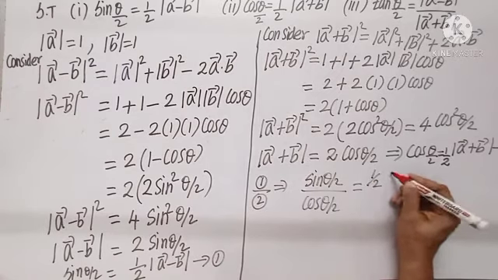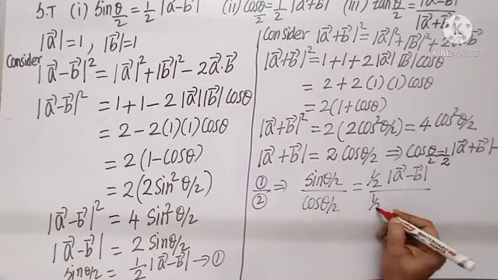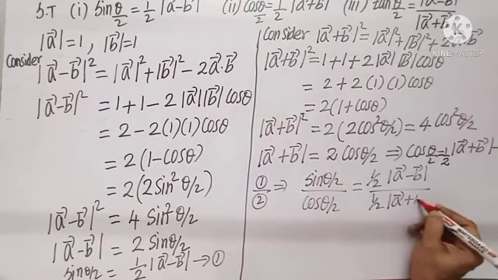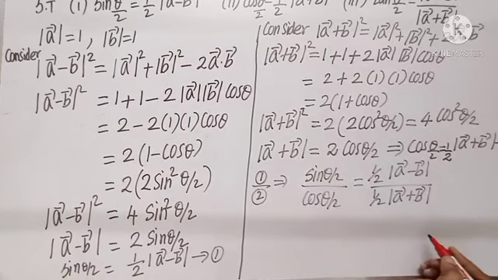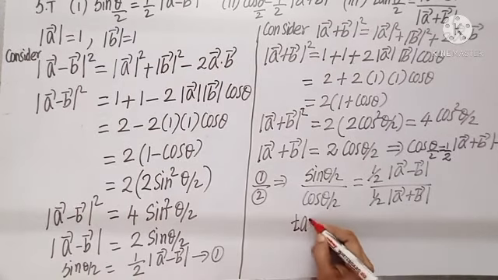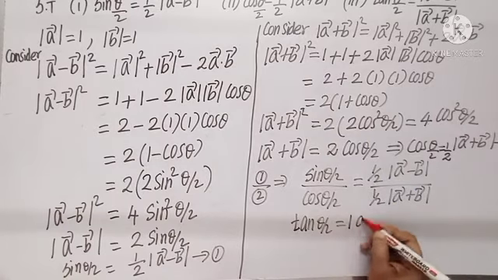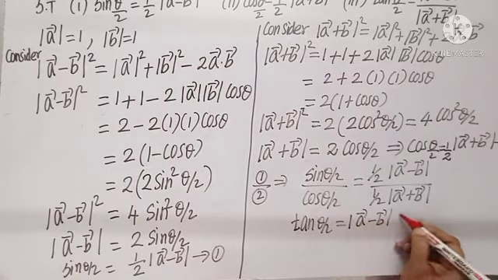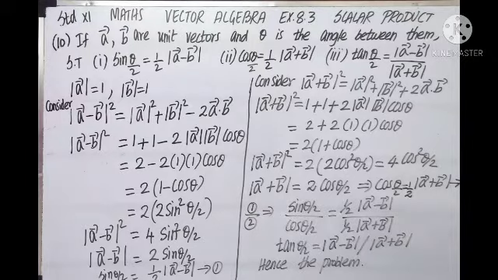RHS 1 by 2 mod A minus B by half mod A plus B. We know sin theta by 2 by cos theta by 2 is tan theta by 2. Half cancels. We get mod A minus B by mod A plus B. So we have proved all the three subsections and hence the problem.